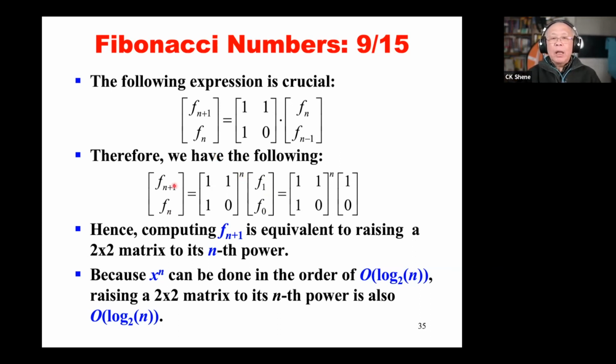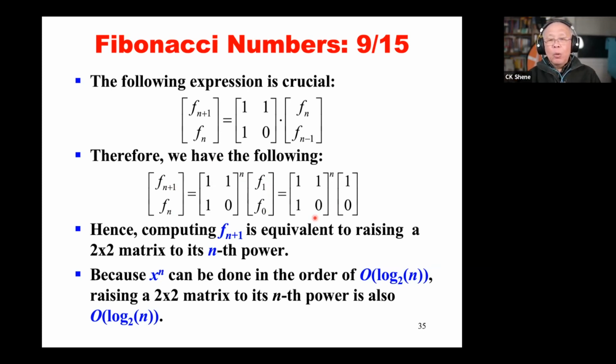So basically, Fibonacci number computation is this. As long as we know how to compute this matrix power fast, we have a very fast computation for the Fibonacci number.